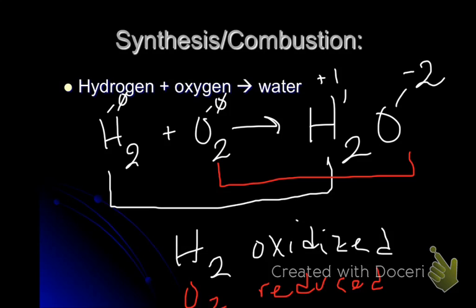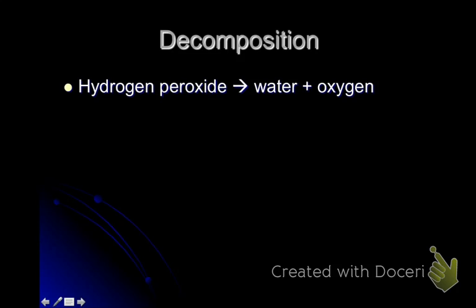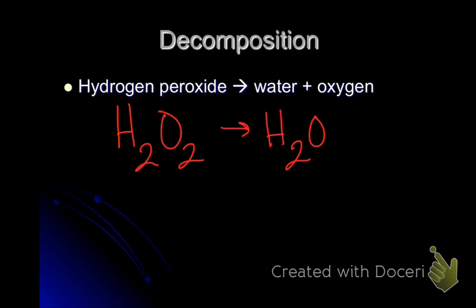Let's do another one. Decomposition. Here we have hydrogen peroxide decomposing into water and oxygen. So hydrogen peroxide is H2O2, and it's going to decompose into H2O and O2. And in order to balance this, I'm going to need a 2 here and a 2 here. Now, the coefficients aren't really super important right now, but they will be down the road, so just trying to be complete.